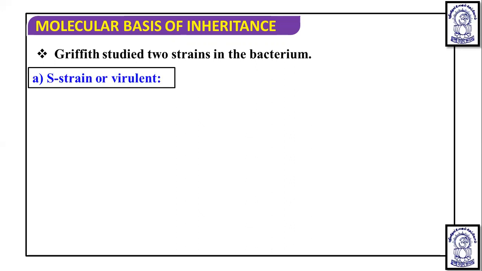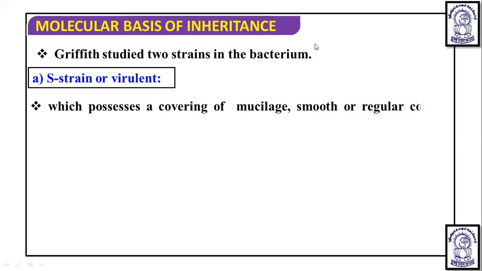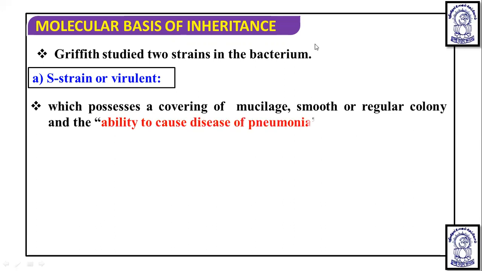He studied that two strains are there, one is the S strain and one is the R strain. The S strain is considered virulent or disease causing, meaning it is able to cause a disease. Why? Because the S strain of this bacterium possesses a mucilaginous covering, and it gives a smooth or regular colony.